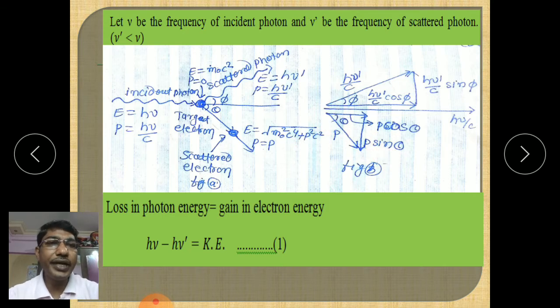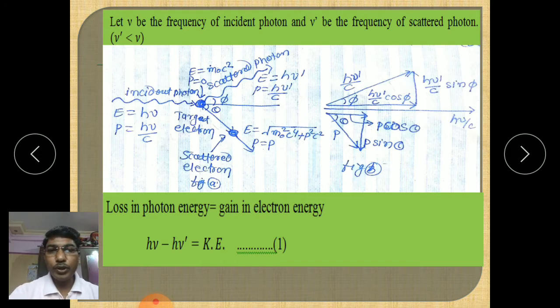This momentum h nu dash upon c is resolved into two components, one along the incident photon direction and another in the perpendicular direction. And the recoil electron's momentum also resolves into one in the direction of incident photon and another perpendicular to the incident photon.